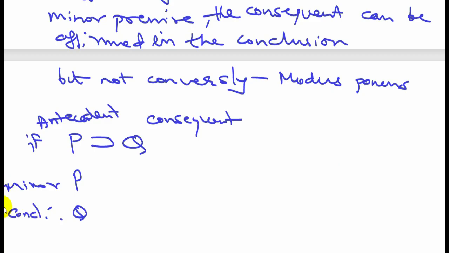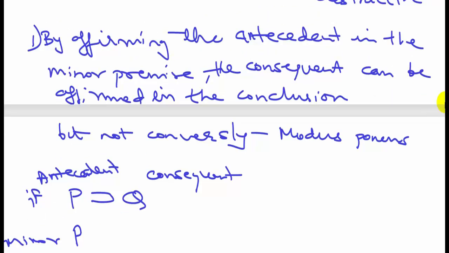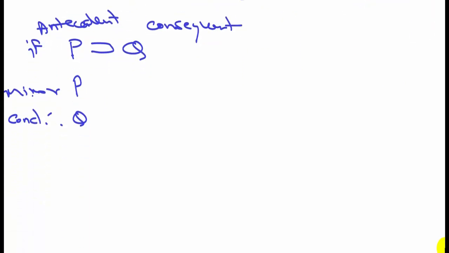So what is the first rule? By affirming the antecedent, that is P, in the minor premise, the consequent can be affirmed in the conclusion. This is the first rule. The converse is not true, that is, the other way around is not true.